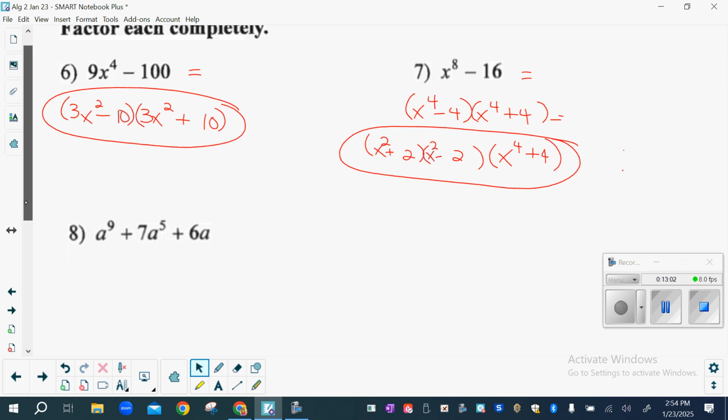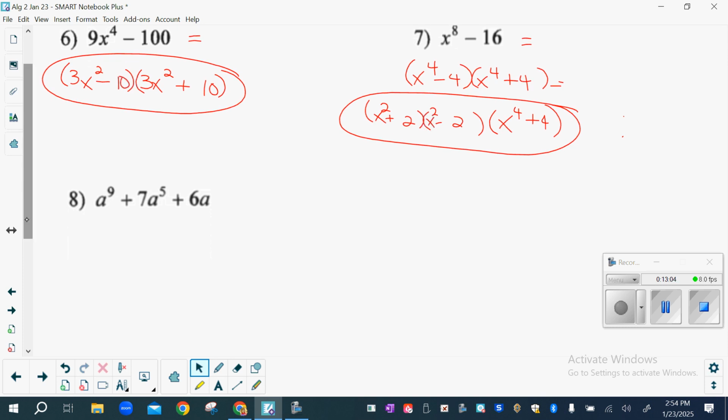One last twist. What do we do first on number 8? Factor out an A. So this group here, tell me what you get when you factor out an A. A to the 8th plus 7A to the 4th plus 6.